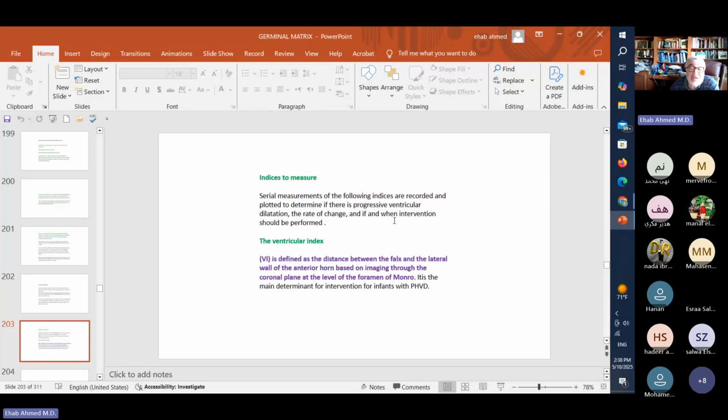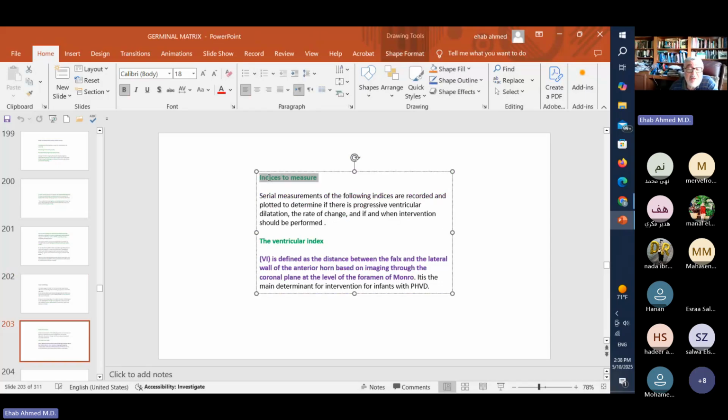Now, I believe you should know that, because I think you know it better than me. What are the indices we check? So I will just mention it. And Dr. Marwa, do you do these indices or not? Yes, doctor, we do different measurements of the ventricle, including the ventricular index.